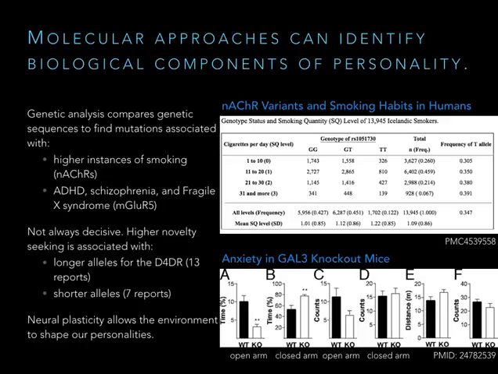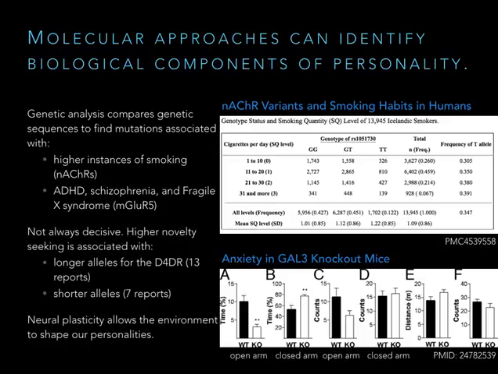The example given here would be the degree of novelty seeking. From what I can find, I see about 13 studies that are showing that a longer version of this D4 dopamine receptor is associated with higher novelty seeking. And I see 7 reports saying that it's actually shorter versions of the D4 dopamine receptor associated with higher novelty seeking.